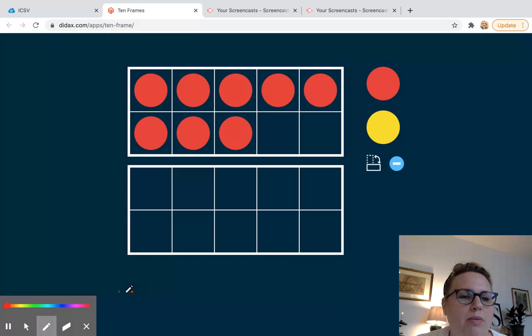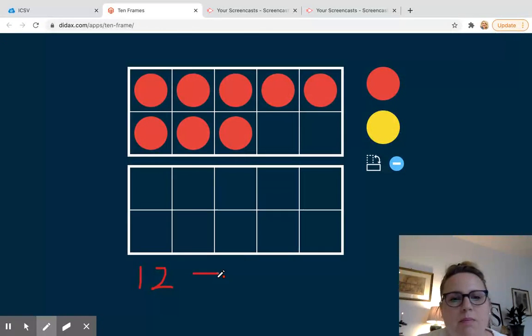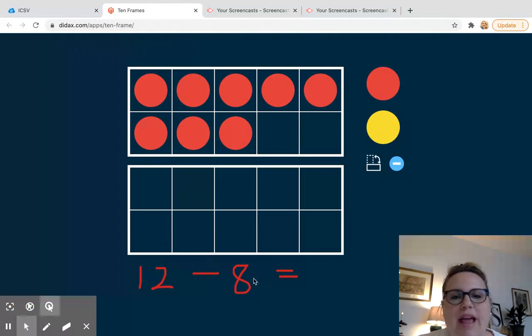The problem is 12 minus 8 equals. Okay, I'm going to start with 8 red counters because I'm taking away 8, and I already have that here. And then I'm going to add on yellow counters until I get to 12.